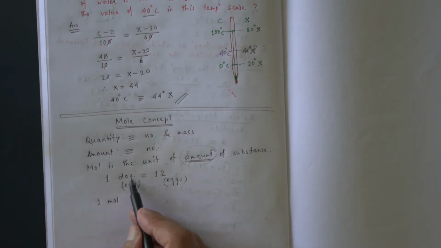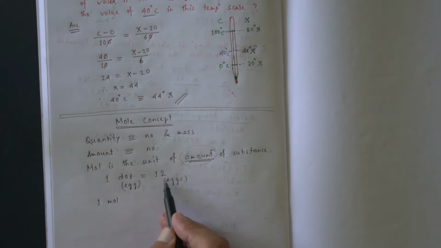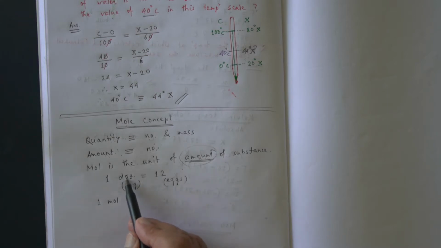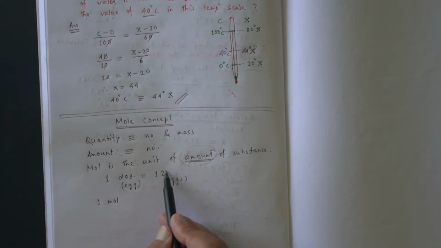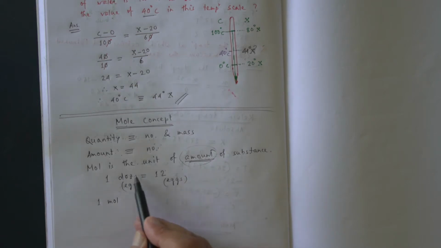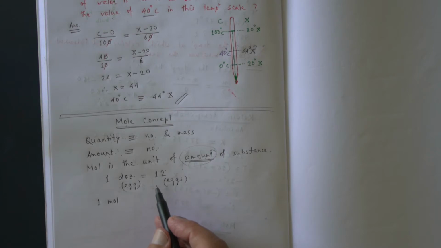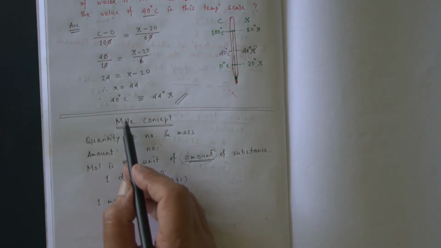So dozen is the unit of number, that means amount. Similarly mole is the unit of number, amount.